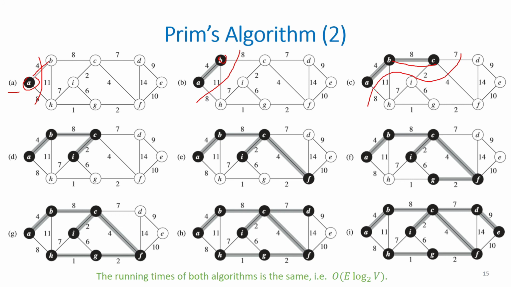And we find the light edge crossing this cut and keep adding it to this graph. So as we continue, we finally reach figure I, where we find a minimum spanning tree that connects all the vertices in the graph such that the weight of these edges is the minimum. The running time of both the algorithms is the same and it's found to be of the order E log V.